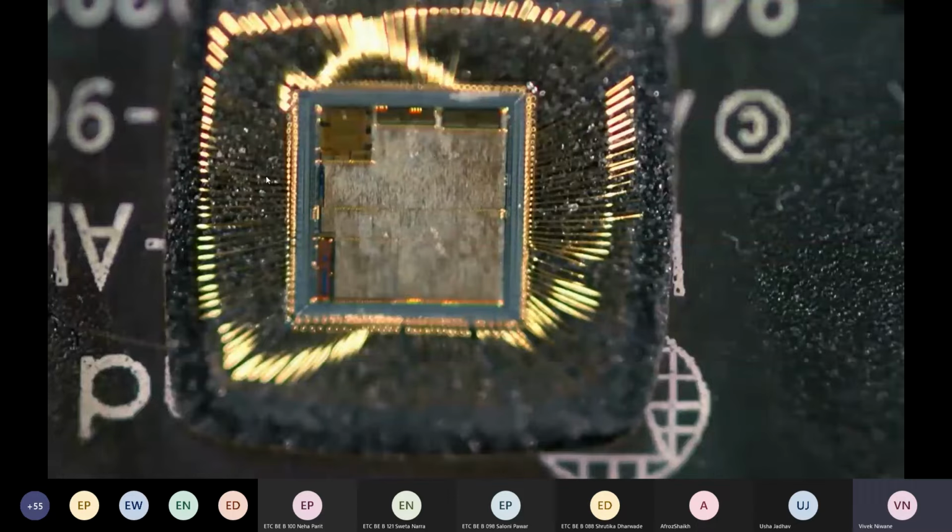These are the golden wires. Many times manufacturers use gold material for these wires, these bondings for the internal core. This is the internal core, and it is connected to the external pins of the packaging.